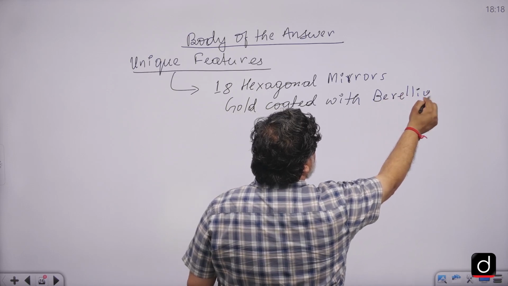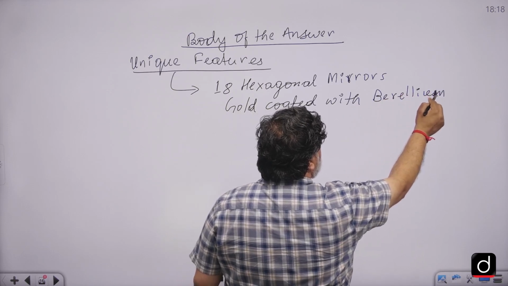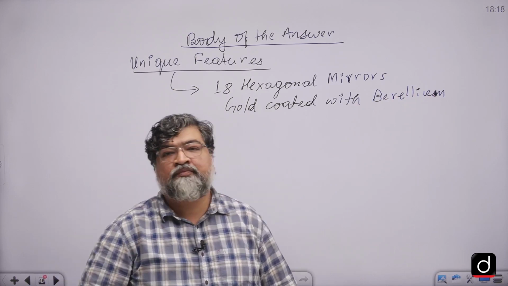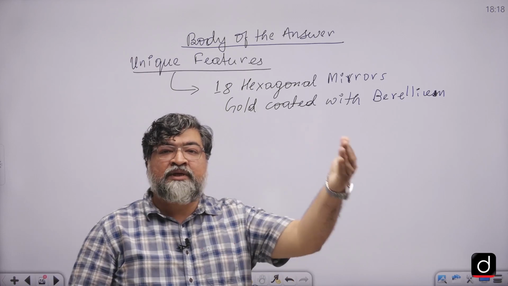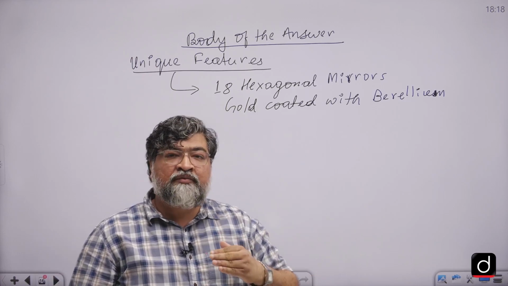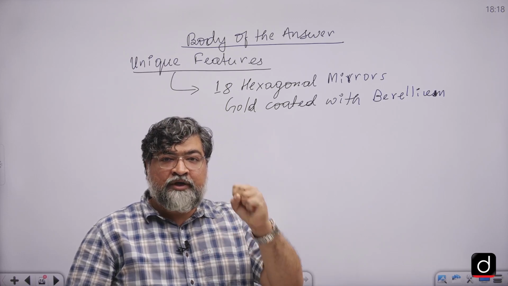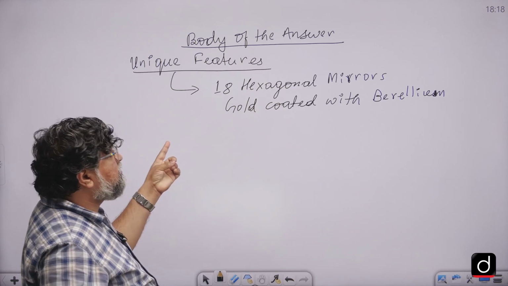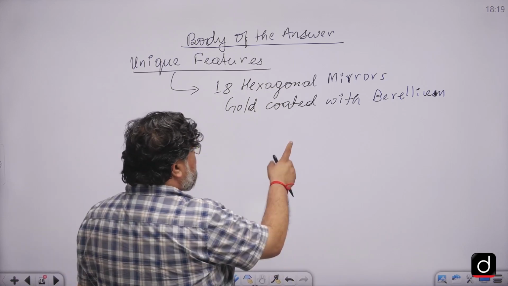Now why has it been used? Because the main purpose of this telescope is to look into the universe, even going back in time, to what happened after the Big Bang, the origin of the universe. So in order to be protected from the sun, the glare and the heat, that's where these mirrors are there, with beryllium being used.